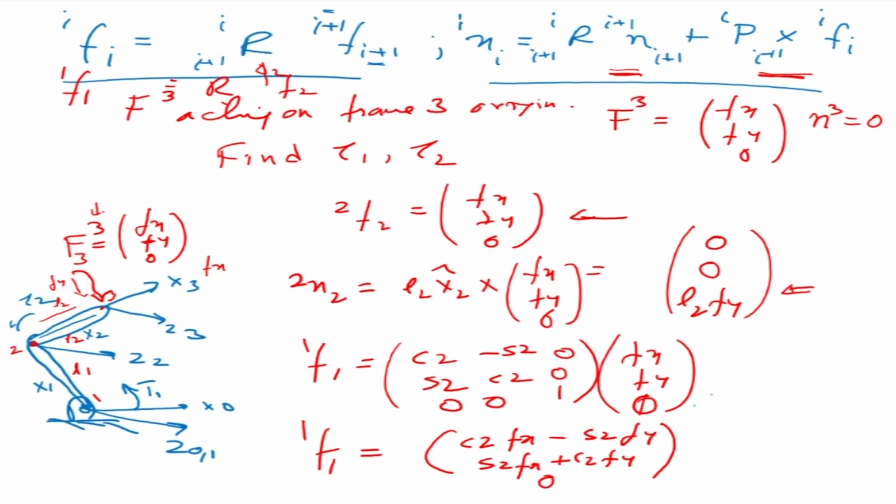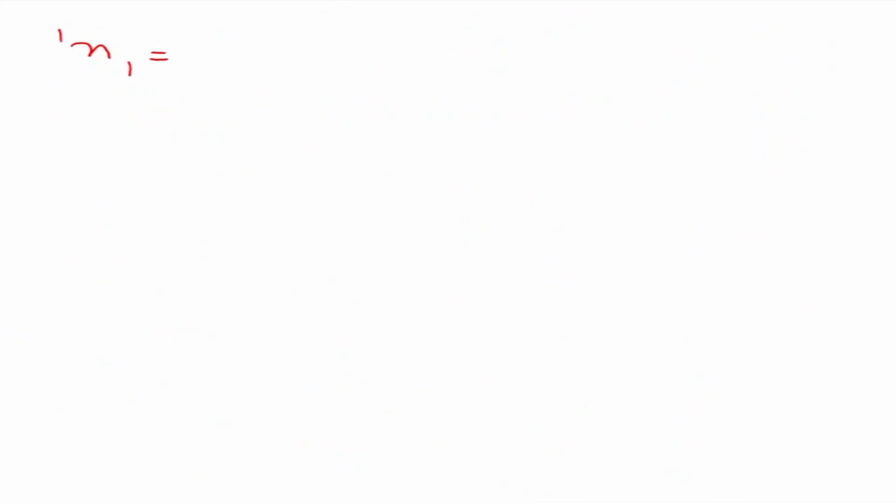So what is n1? n11, I go back to the previous. So this is my n11, right? So n11 is equal to what? Here I'm going to use my moment equation. Let me go back and explain it here.